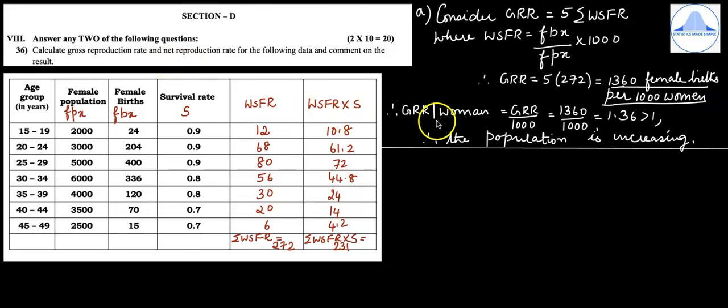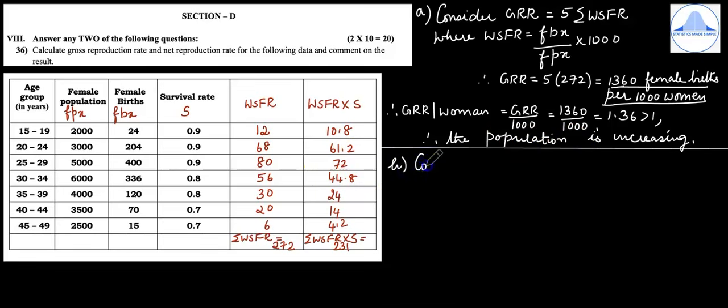Next we find out GRR per woman, that is GRR divided by 1000, which is 1360 by 1000, which is 1.36. Whenever GRR per woman is greater than 1, it indicates that the population is increasing.